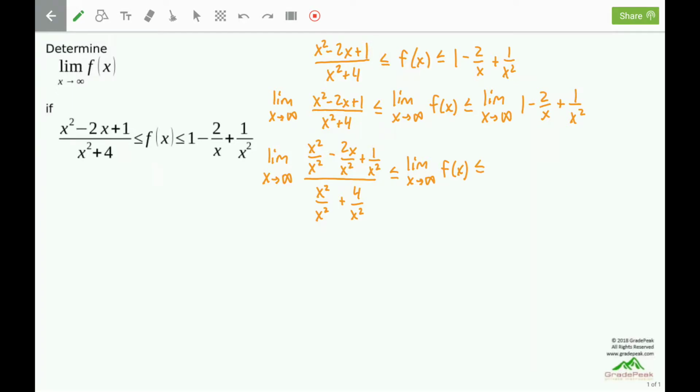For the rightmost limit, the first thing to do is plug a positive infinity in for each of the x's. Each term that is a constant divided by x to a positive power will go to 0 as x approaches positive infinity. The result is 1 minus 0 plus 0.